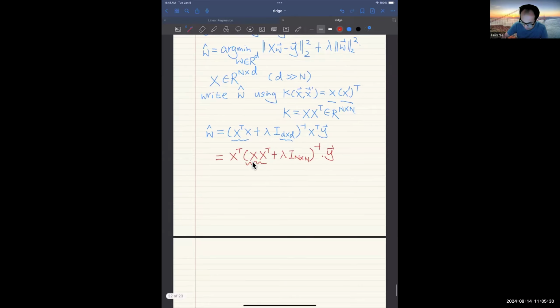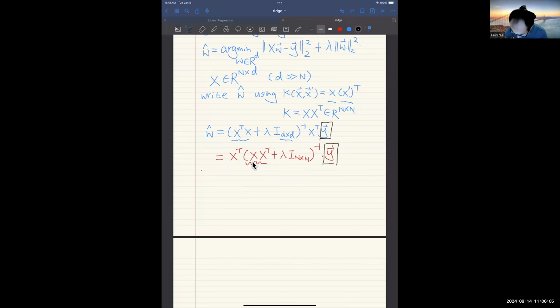We are going to use a lemma here. Let's just move out this part of Y because we have the same Y at the end.